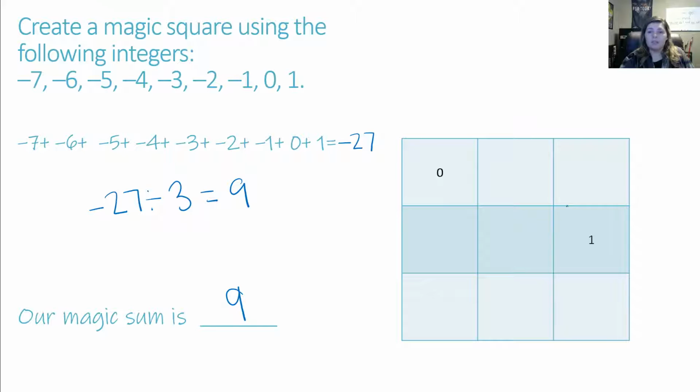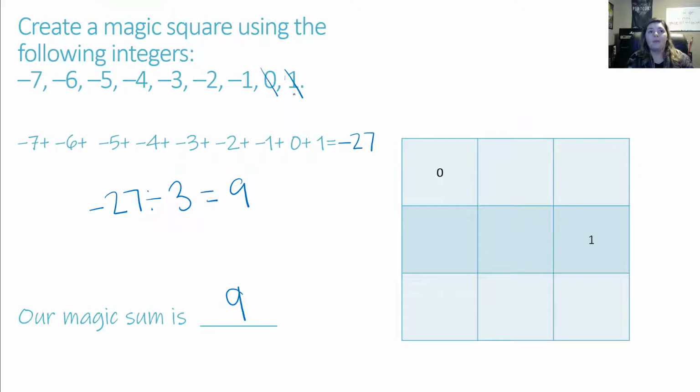So let's just pretend those aren't there. Whenever we put a number in, what I personally do, because it helps me keep track and not get confused, is go ahead and cross them out. So let's cross out 0 and 1. Now you may be thinking, how do I know which number goes in the middle? Simple, easy peasy.